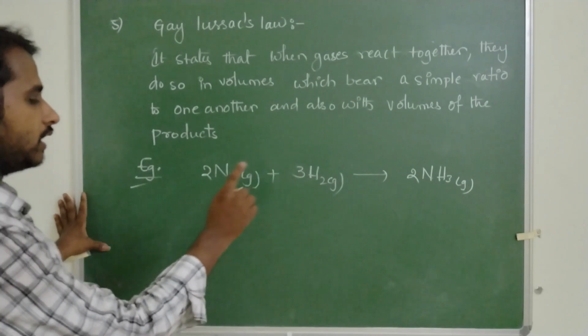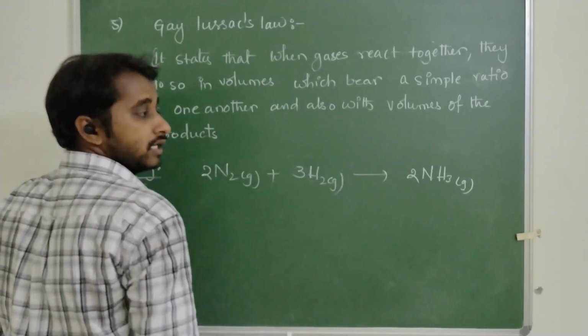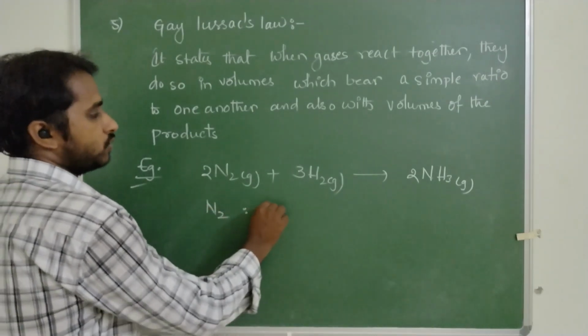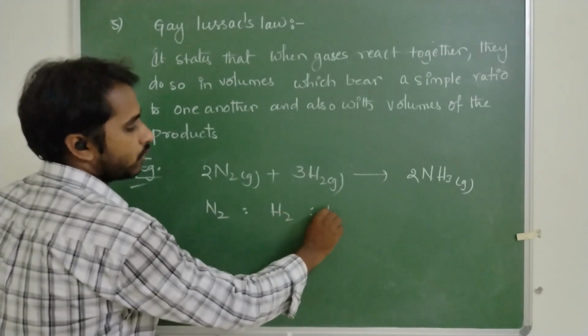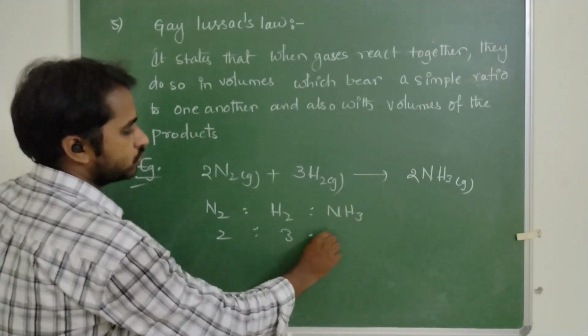So the ratio of gases N2 to H2 to NH3 is 1 is to 3 is to 2.